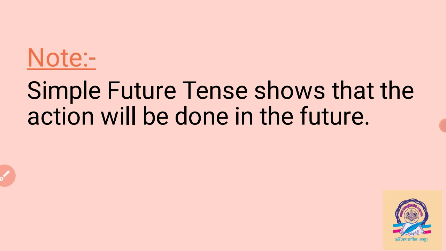When the subject is I and we, then we have to use shall with the verb. Then with the rest of the subjects, you, they, he, she, it, one singular name, we have to use will. So remember one thing: when I and we are the subject, we have to use shall. Then for the rest of the subjects we have to use will.